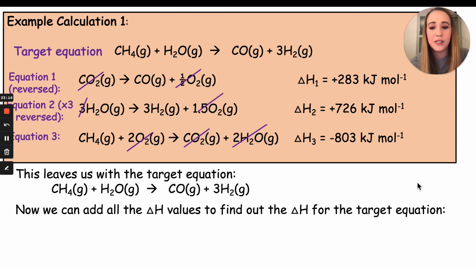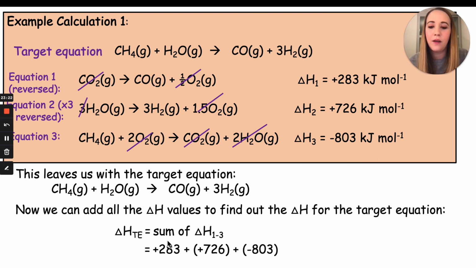Okay, so it's just a case of adding them all together, obviously taking account of where you've got negative numbers that you're adding. So to get the delta H for our target equation, we're just going to sum up all of these delta H values. So plus 283 plus 726 plus the minus 803 gives us a final answer of 206 kilojoules per mole.